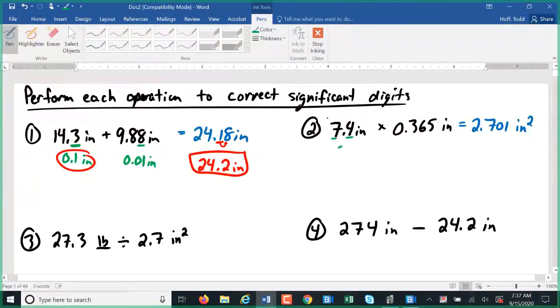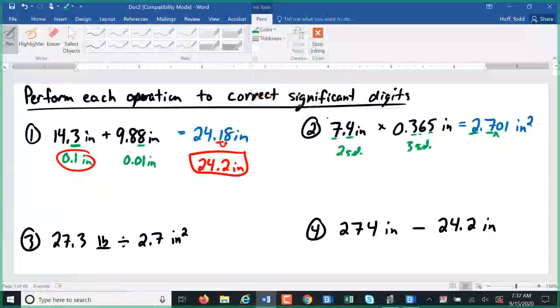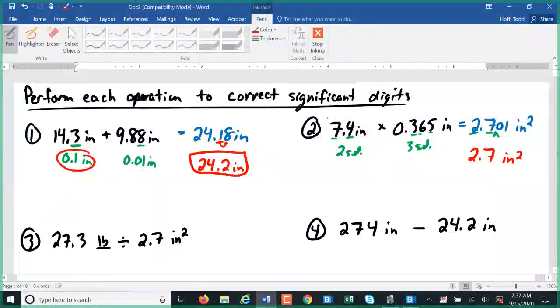This number here has 2 significant digits. This one has 3 significant digits, which means our answer has to be rounded to just 2 significant digits. So 1, 2, we're going to round it there. That rounds to 2.7 square inches. Any questions on the first two?